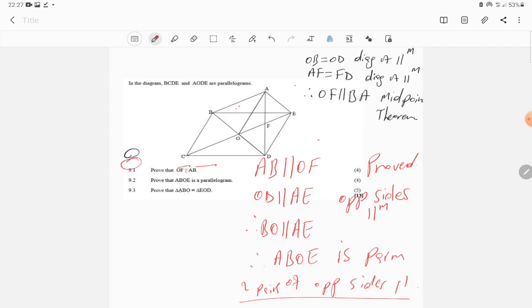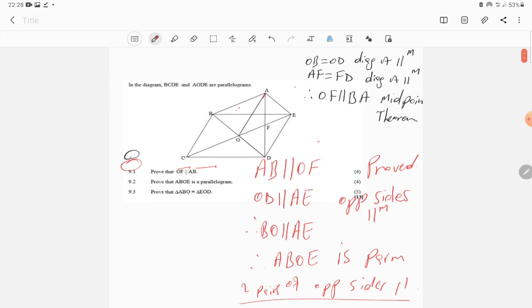So AOB, which means this angle, what are we having? We have this triangle and this triangle. Are they congruent to each other? We just need to prove that. What are we having? We have this side is equal to this side.